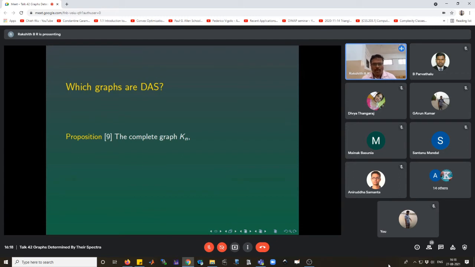Why? Because from the adjacency spectrum, we can deduce whether G is regular. More precisely, if G is regular, then we can determine of what degree it is.